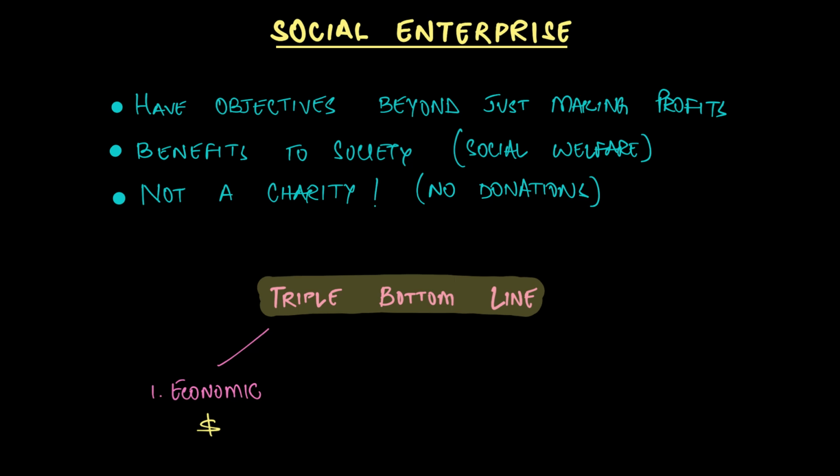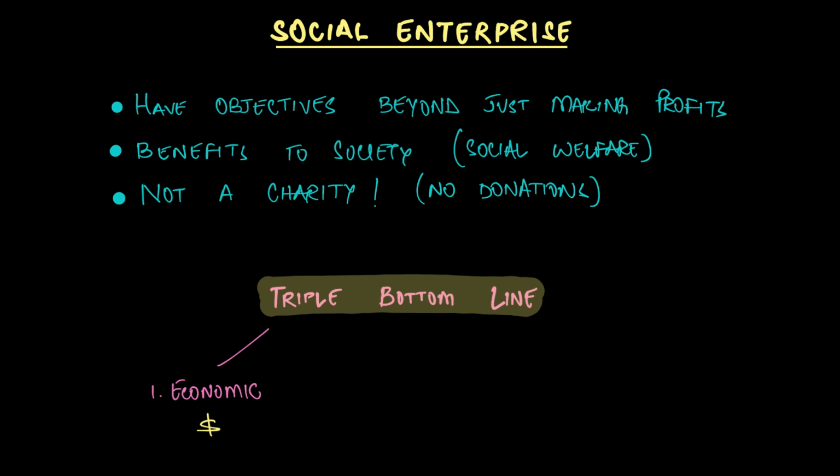Like I said, like all business enterprises, they will make profits, but they will go beyond just making profits. They will use those profits for the benefit of the society. So, in order to benefit the society, you will need to first make the money to be able to spend on the society. So, the first target that all social enterprises will have is, let's make money first.